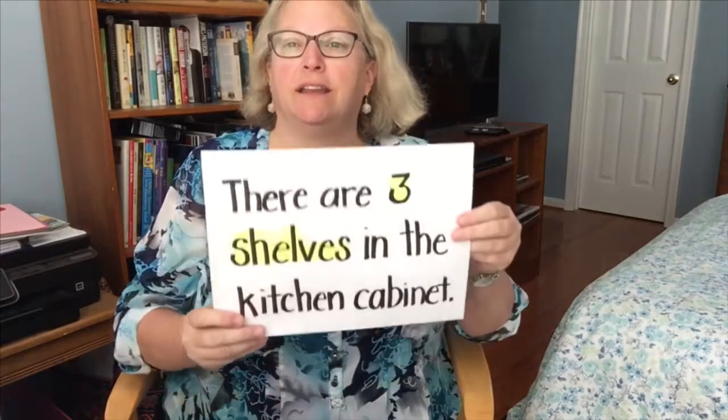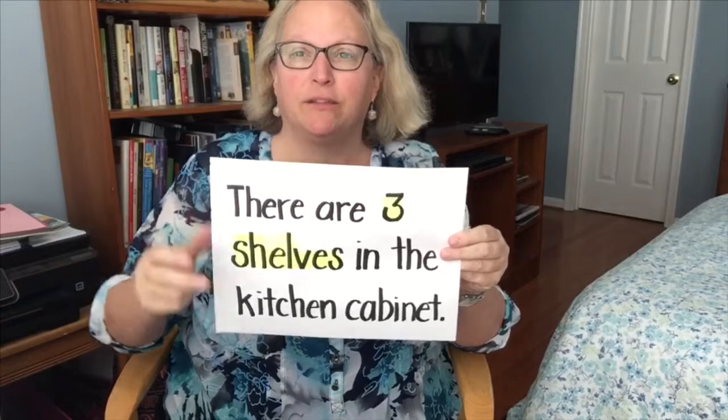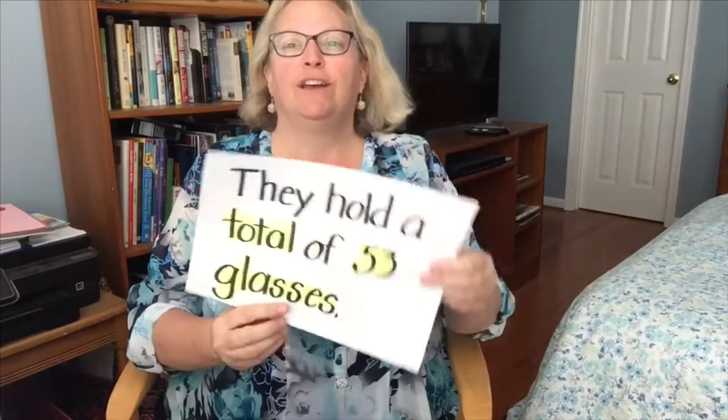When I start to solve a problem, I typically do two key things. Number one is I highlight the important information contained in the problem. In our sample problem, I highlighted three shelves, just to make sure in my head I get that there are three shelves. I also highlighted total 53 glasses.